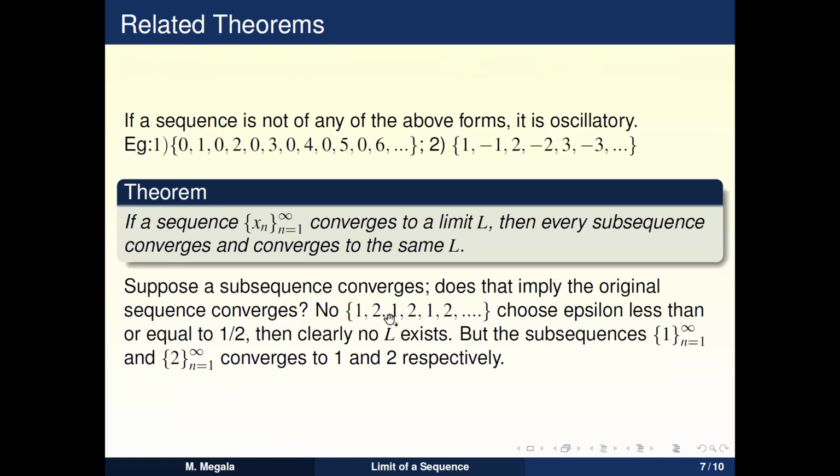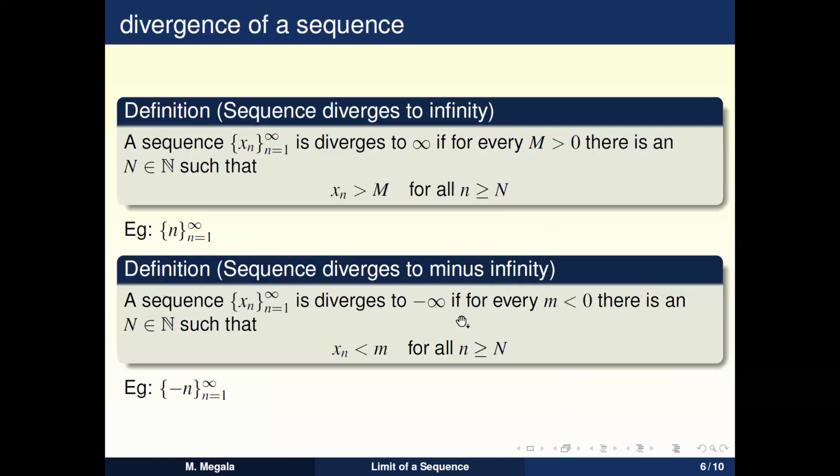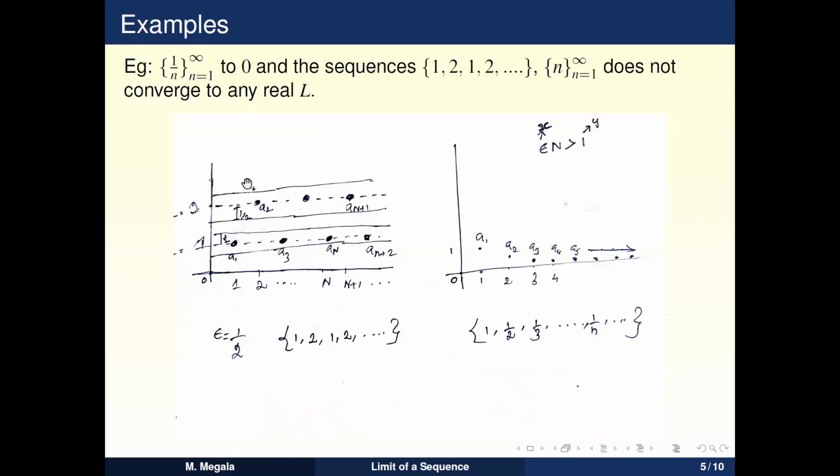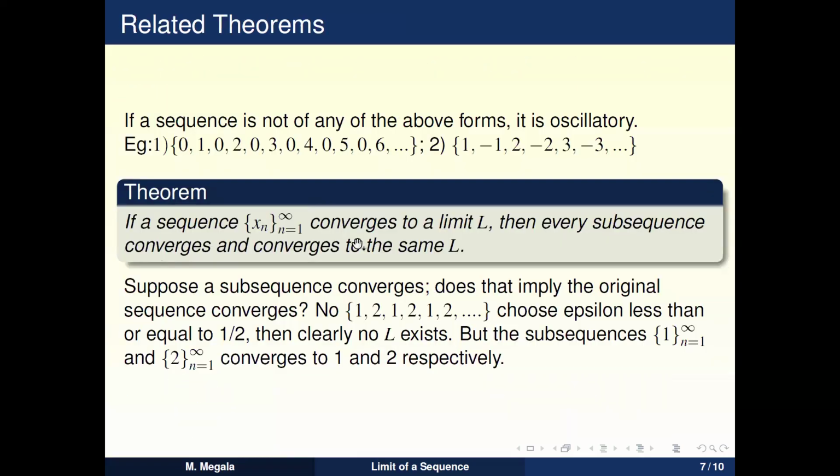So there are two subsequences converging, but still I am unable to say the sequence converges, because we have explained why 1, 2, 1, 2 does not converge to any point.